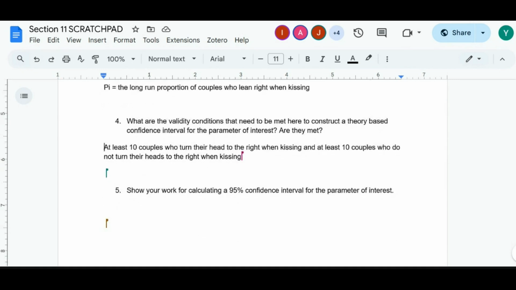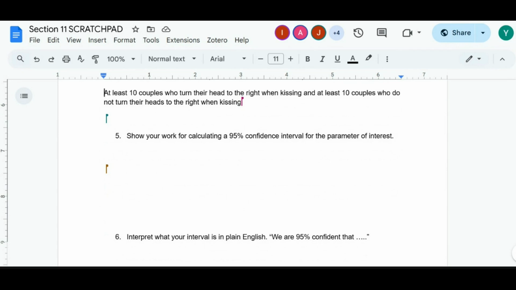Show your work for calculating a 95% CI for pi. Can you do that? So I will start you off. Box plus minus box times box. You know what? Let's speed things up. You don't even need to give me generic. Immediately just give me answers.